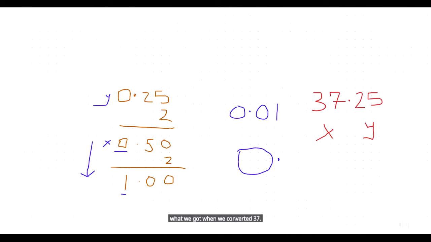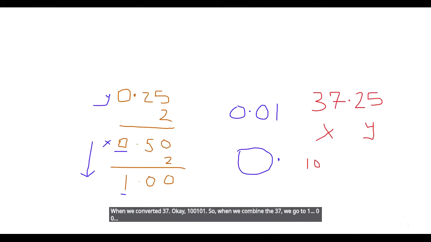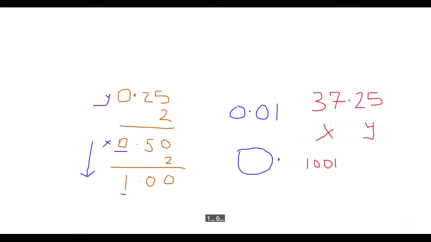Okay, 100101. So when we converted 37, we got 1, 0, 0, 1, 0, 1. Now, for 0.25, we got 0.01.